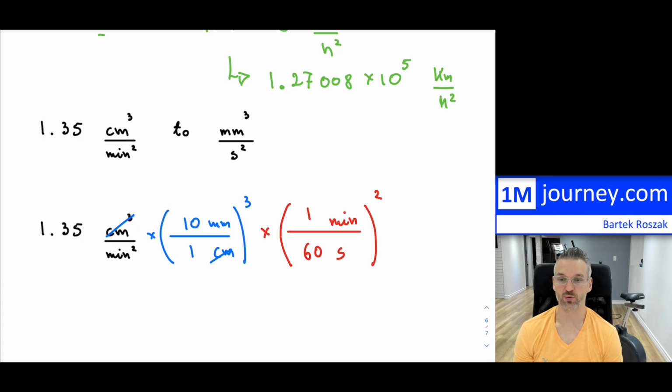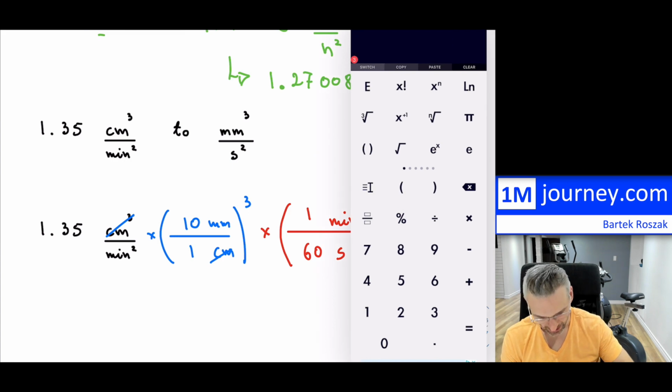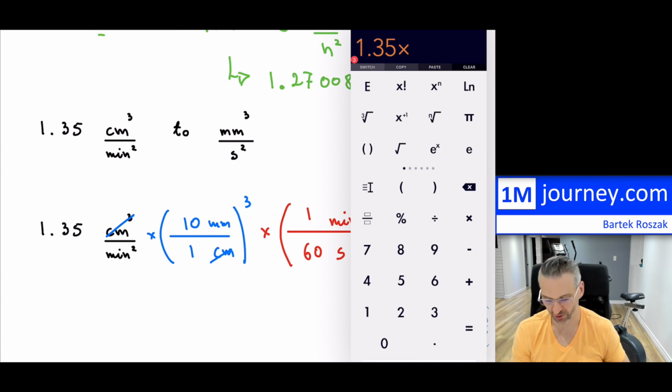So that's now squared, and now I can proceed in order to write it out. So, to put it into your calculator, 135 times, you can put the rest in brackets. So notice 10 over 1, which is 10. So I'm just going to put 10 and it's cubed. All right, so that's the 10 cubed, and then times.